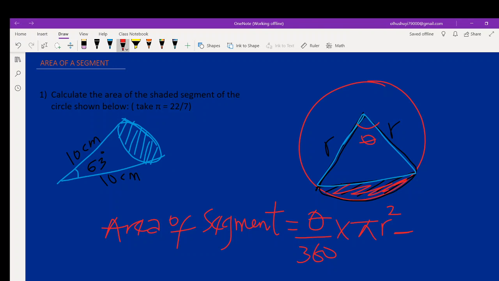The formula for the area of such a triangle is one half ab sine theta, where a and b are your two radii. That will be one half r squared sine theta. Is that noted?